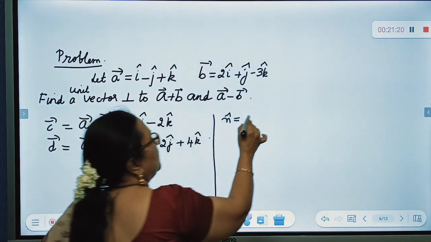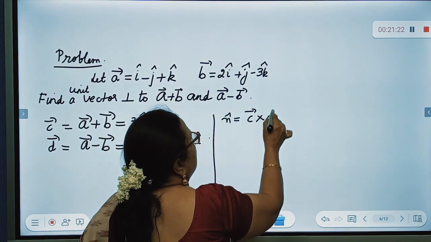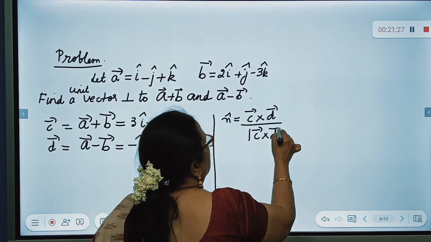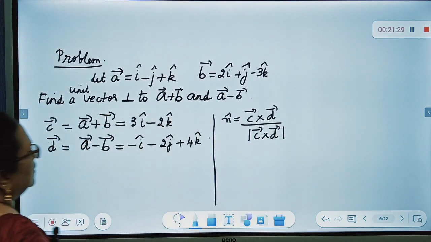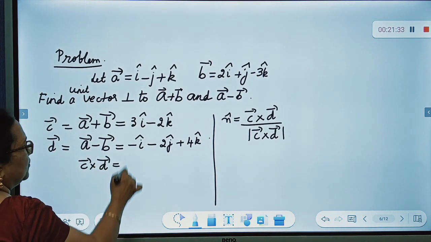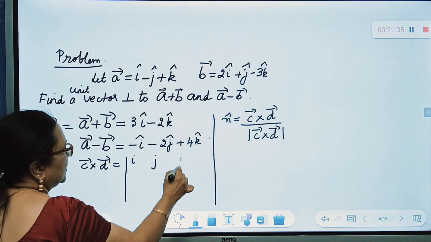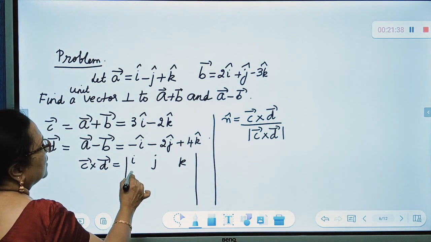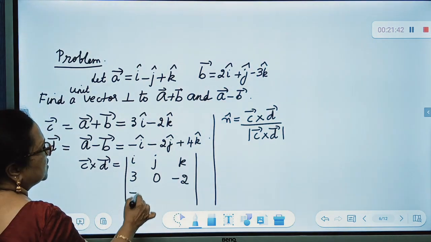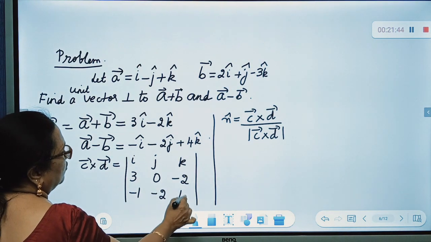So n cap will be c cross d by modulus of c cross d. Now what will be c cross d? C cross d is the determinant ijk, 3, 0, minus 2, minus 1, minus 2, 4.